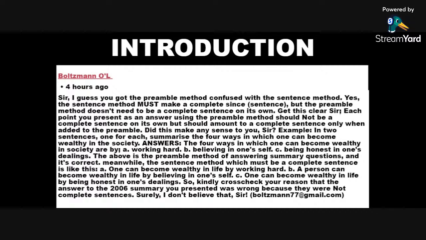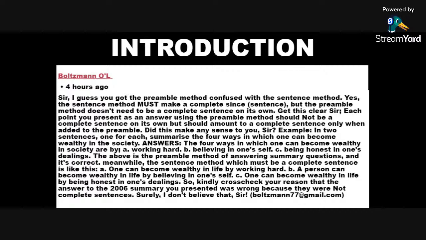Okay, so having said that, let's now look at the comments from Boseman. And what I'm going to read now will be the comment from Boseman. Sir, I guess you got the preamble method confused with the sentence method.